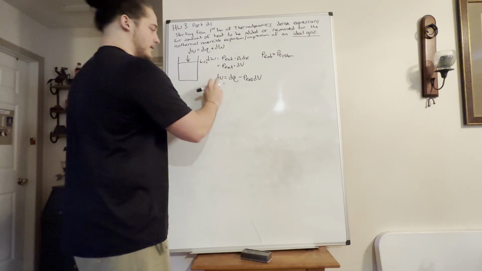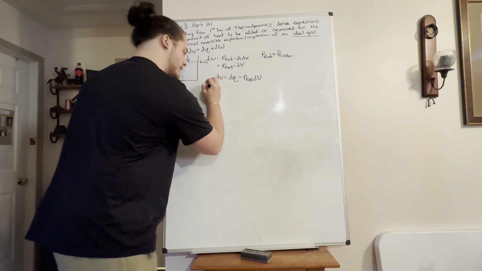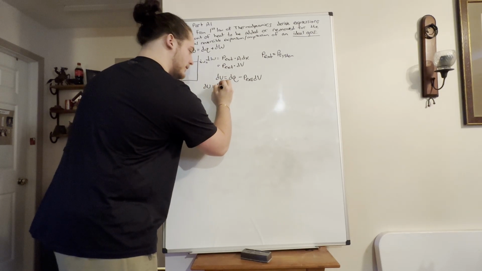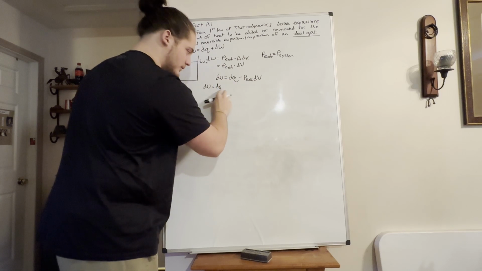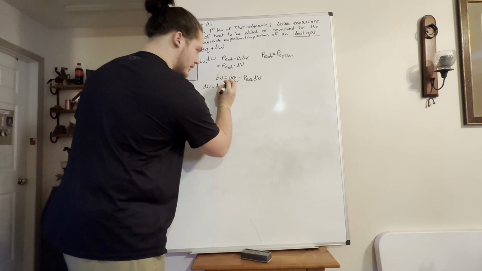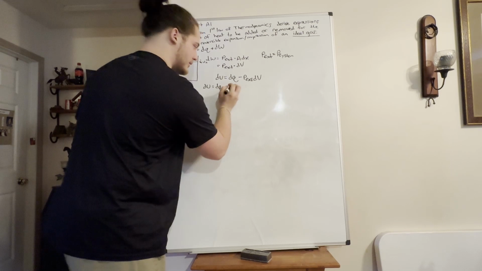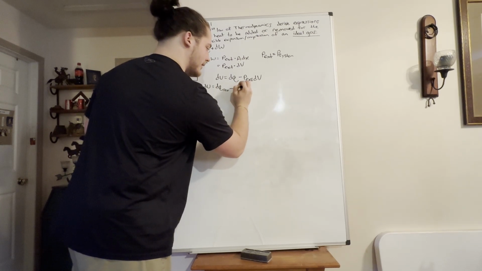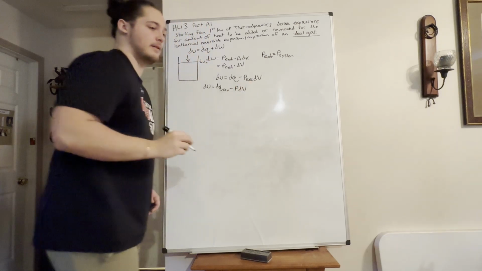So we can rewrite this as the differential amount of internal energy is equal to the differential amount of heat added or removed reversibly minus pressure times the differential amount of volume.